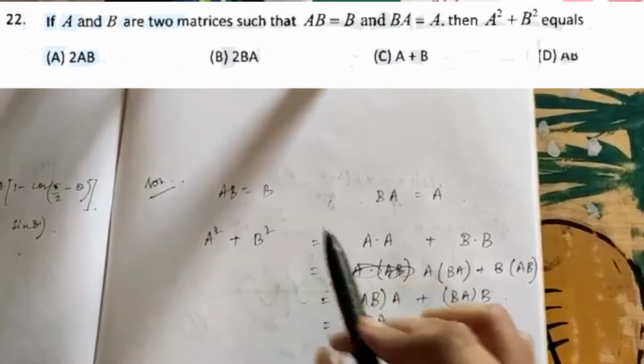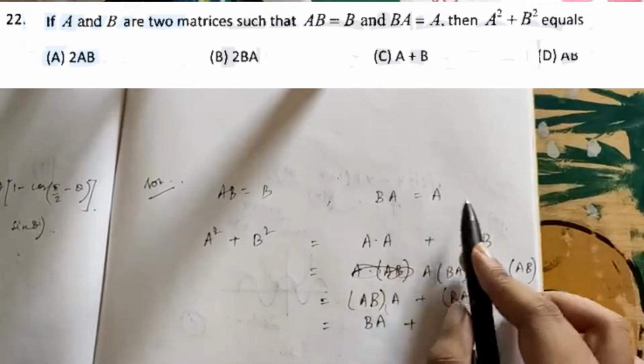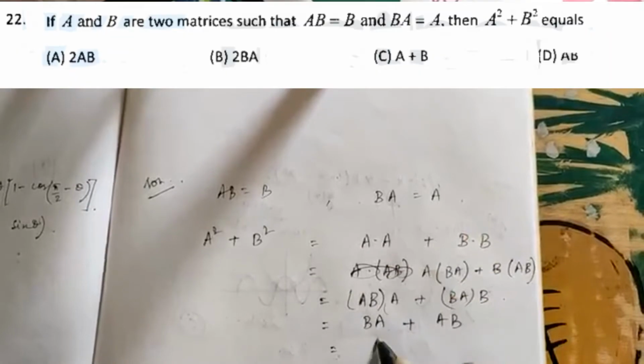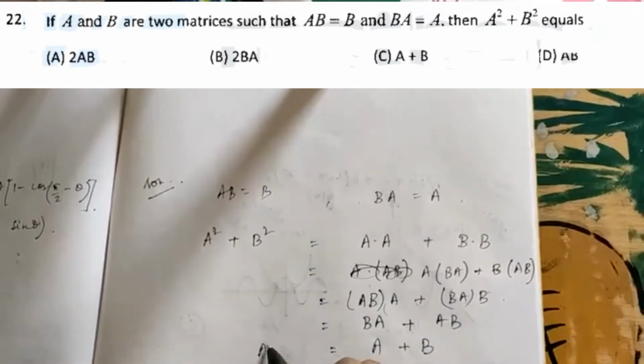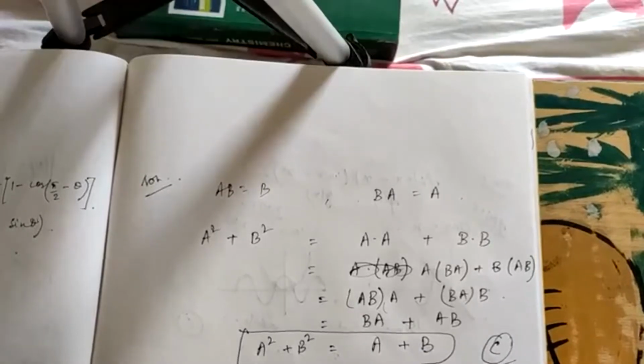Since AB is equal to B, I write AB as B, and since BA is equal to A, I write BA as A. Again BA is equal to A and AB is equal to B. So A square plus B square is equal to A plus B. Option C is the correct one.